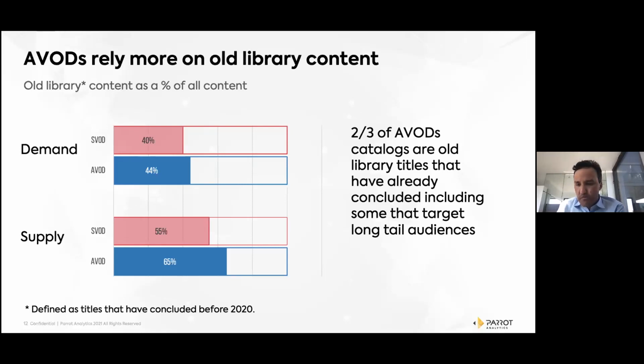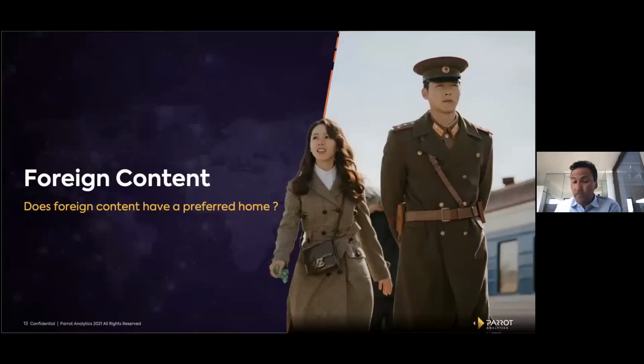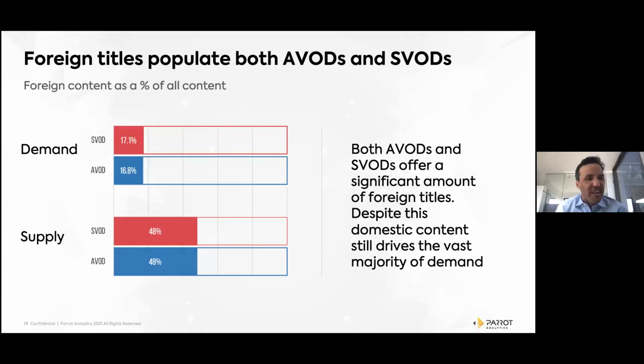So that's interesting. The next thing I want to jump into is foreign content. Here, we wanted to understand if foreign content has any sort of preferred home when we look at the different business models. We did the analysis, and it seems pretty similar.